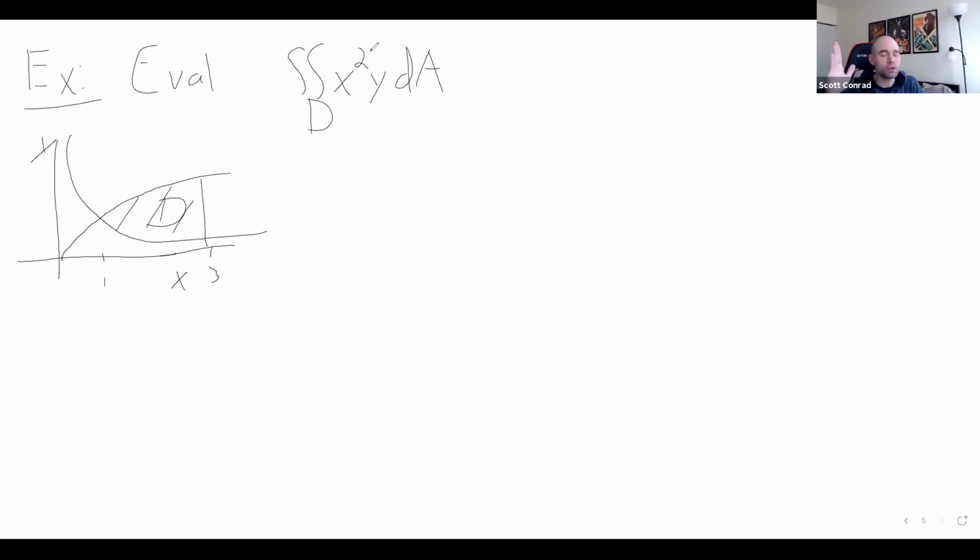Vertically simple: if I do a vertical line test, am I always going to hit the same top curve and the same bottom curve? Let me go ahead and write down what those are.